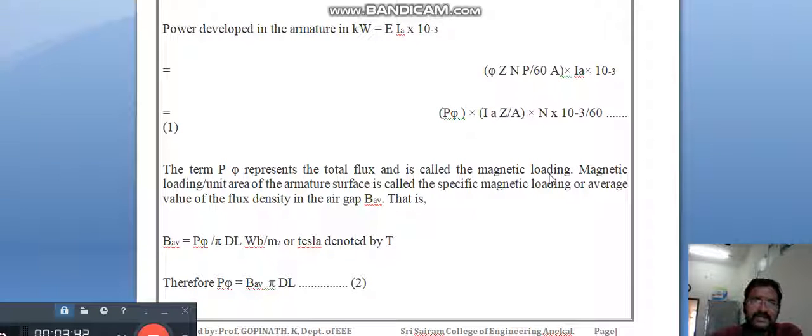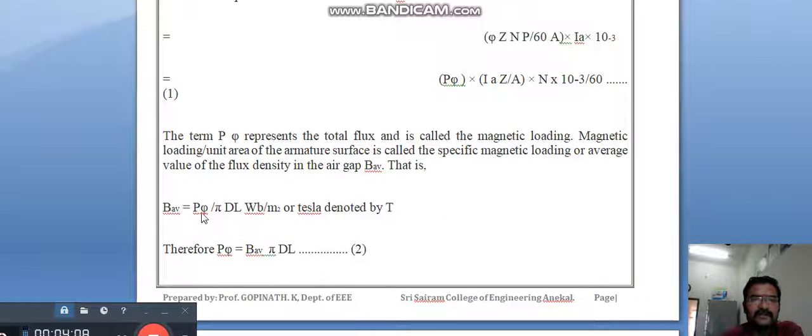The magnetic loading per unit area of armature surface is called specific magnetic loading, or the average value of the flux density in the air gap, BAV. BAV is nothing but average flux density, the specific magnetic loading.